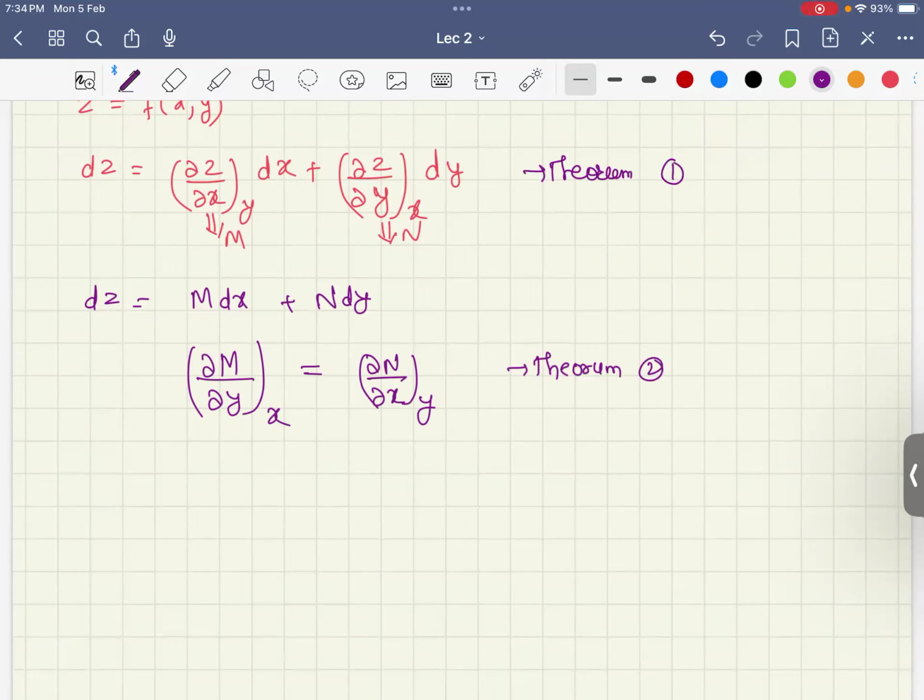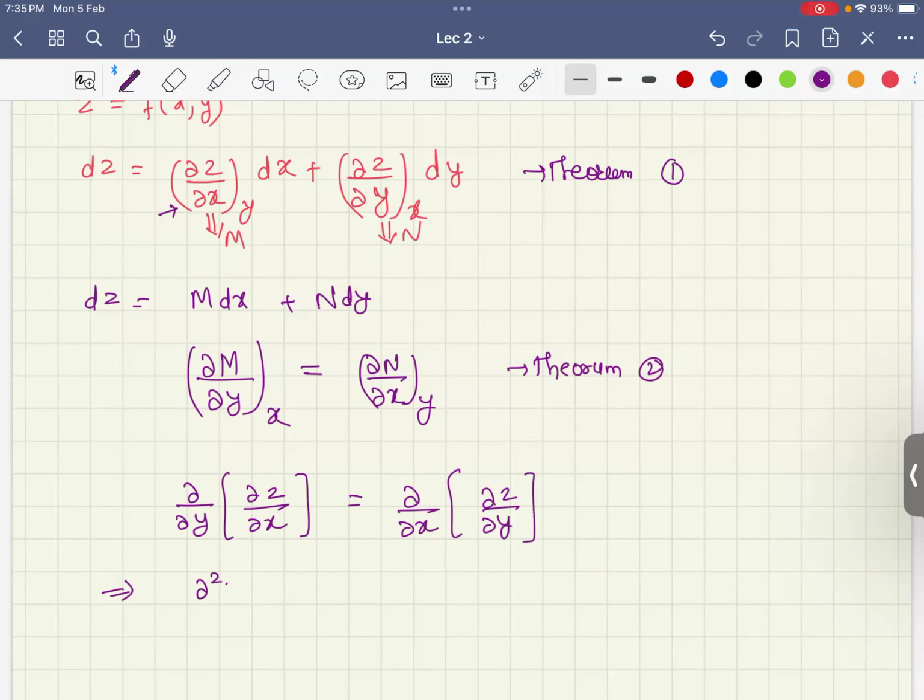What is our m? dou by dou y of m, which is dou z dou x, has to be equal to dou by dou x of n, which is dou z dou y. This means that dou 2z by dou y dou x is equal to dou 2z by dou x dou y.